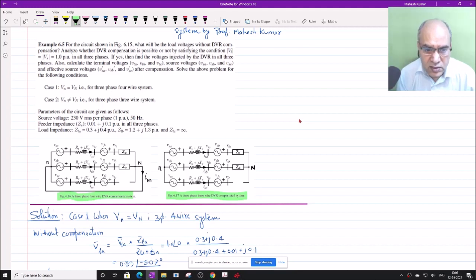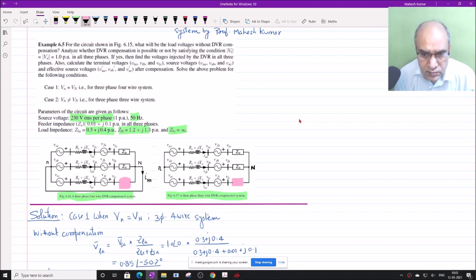Now what is the question? The three-phase voltages are given to us. The source voltages are 230 volt RMS per phase, that is 1.0 per unit at 50 Hertz. And the impedances of the load are ZLA, ZLB and ZLC, where ZLC is infinity, meaning the C phase is open. As you can see from this portion, this is open, nothing is there in between.